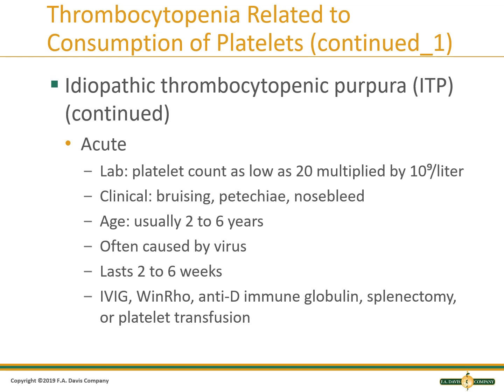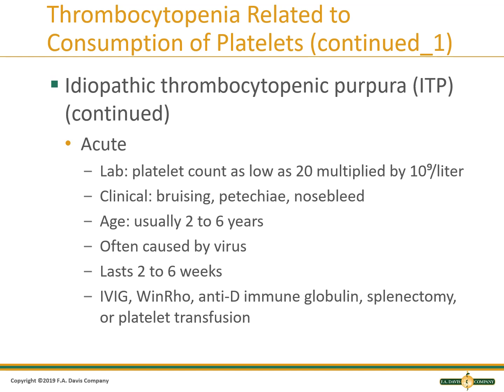ITP can also be an acute situation, meaning it doesn't last as long. It affects a younger age group, so as it presents in the lab, the platelet count can be as low as 20 multiplied by 10 to the 9th per liter. Clinical presentation could include bruising, petechiae or nosebleeds.